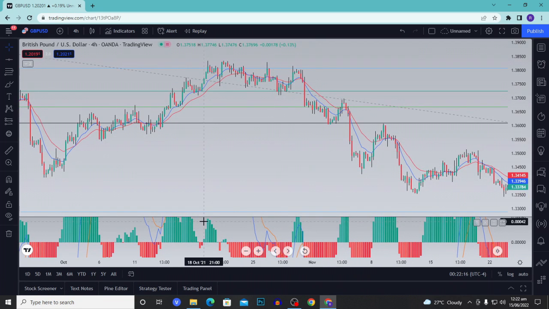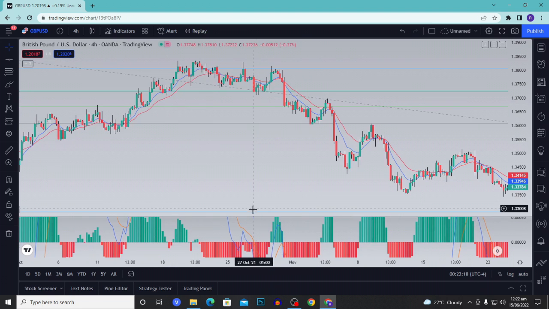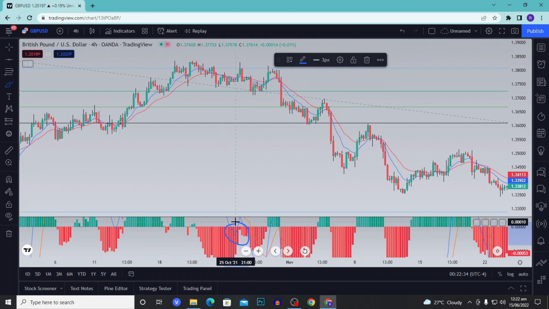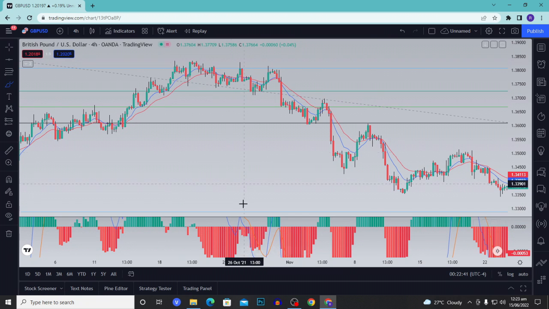Okay, should be able to see our MACD line cross below the 0 point right here, and it crossed on this candle right here, this very small bullish candle.